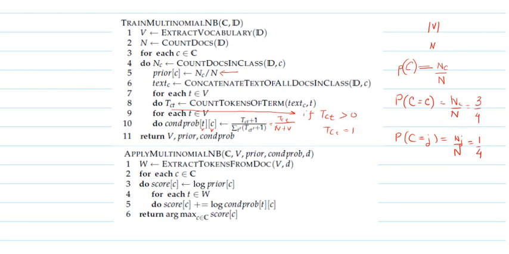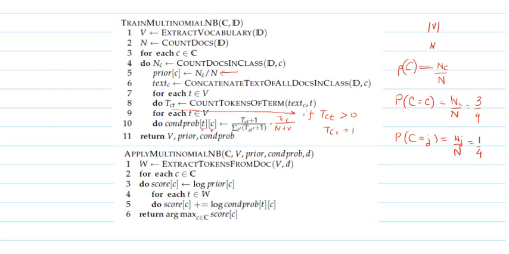And we know while predicting or while testing, we need to again extract the tokens from the test document, and then for each class C we again calculate the score with the help of priors, right?